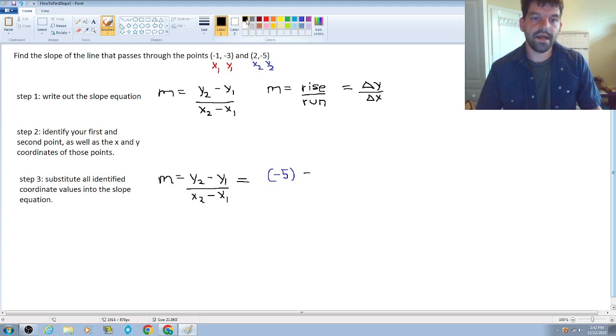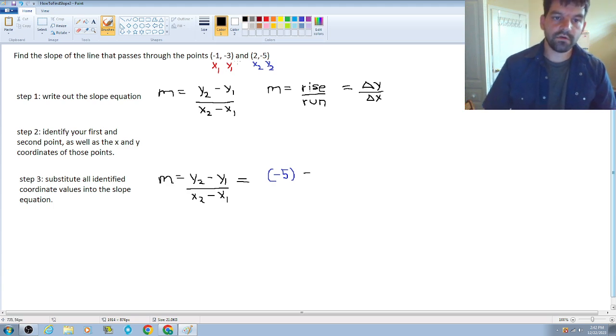And then y1 is the y-coordinate of the first ordered pair. So that will be, put that in red, and that's going to be -3. Okay, and I'll put that all over.